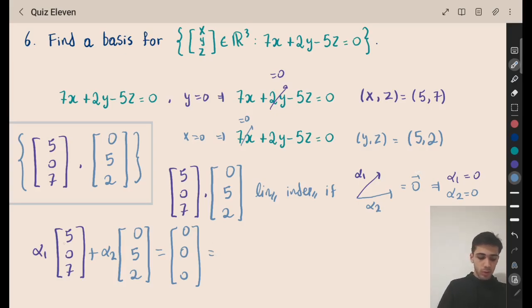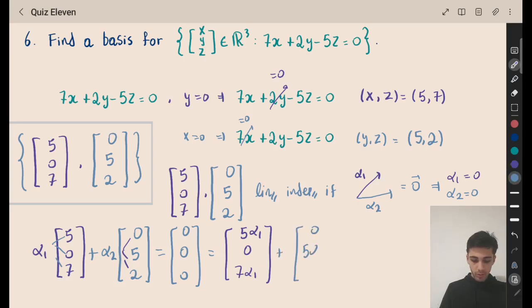And what I'm going to do now is distribute. So this will give me 5 alpha 1, 0, 7 alpha 1 plus 0, 5 alpha 2, and 2 alpha 2. And I can add these two vectors.